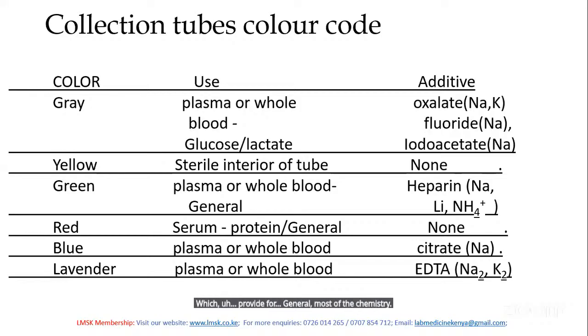It is the green top tube. It has sodium, heparin, lithium, or ammonia. The red top has got nothing, for serum. Blue is for the citrate coagulation. Lavender, EDTA, mostly for hematological parameters.